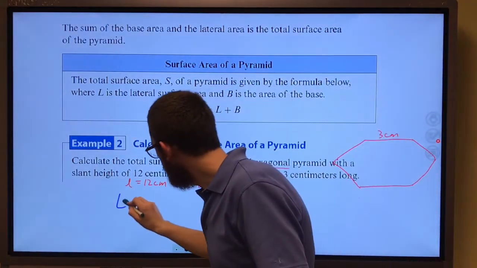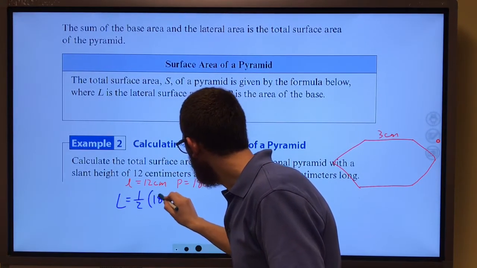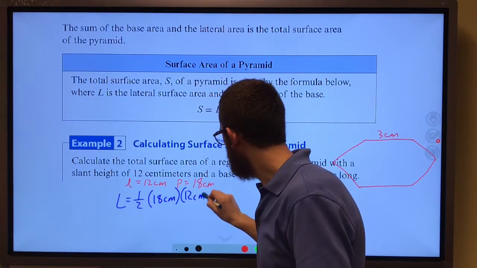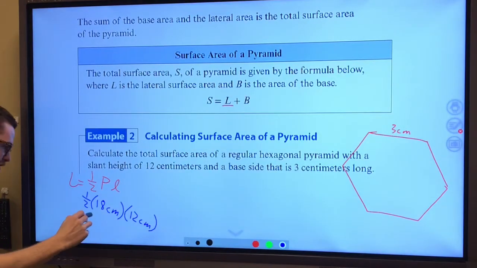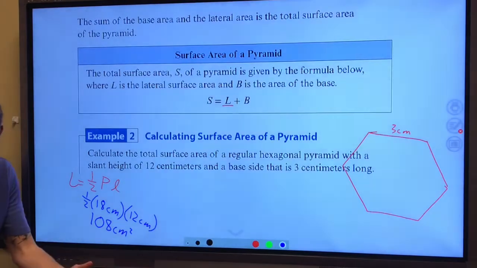And so the lateral area is 1/2 the perimeter of the base times the slant height. We've got 1/2 times 18 centimeters times 12 centimeters. We know this gives us 108 square centimeters.